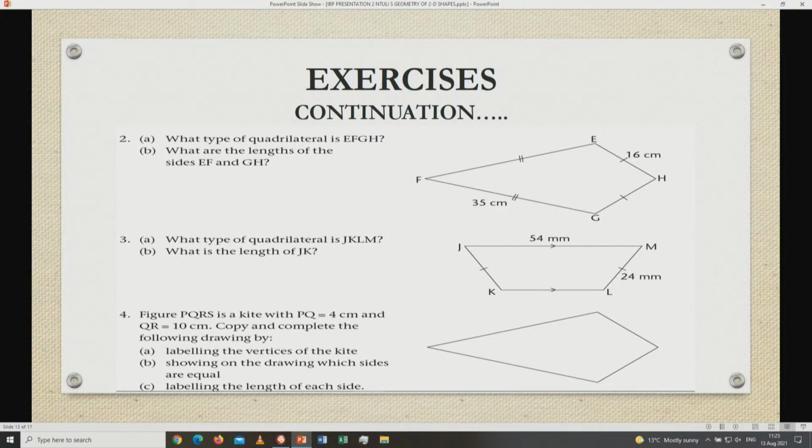Right. Number 4. Figure PQRS is a kite with PQ equals 4 centimeters and QR 10 centimeters. Copy and complete the following drawing by labeling the vertices of the kite, showing on the drawing which sides are equal, labeling the length of each side. Now we need to draw.